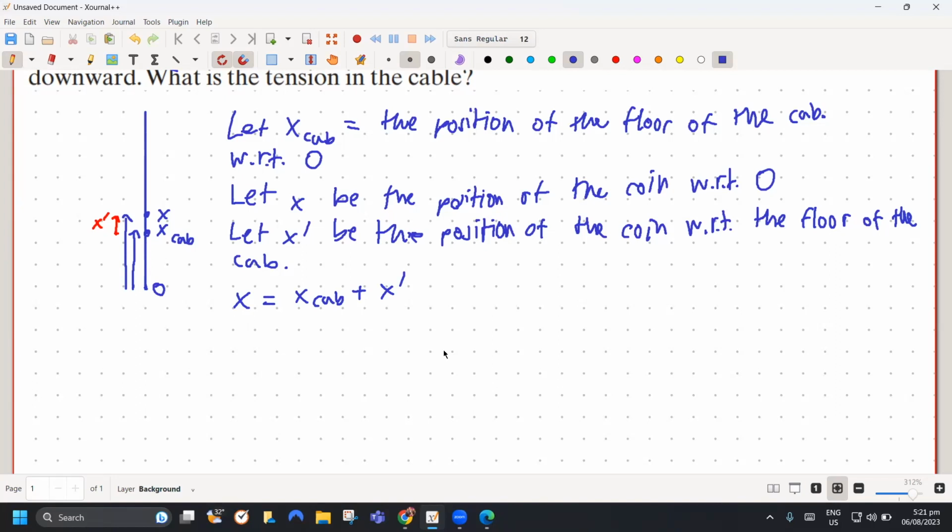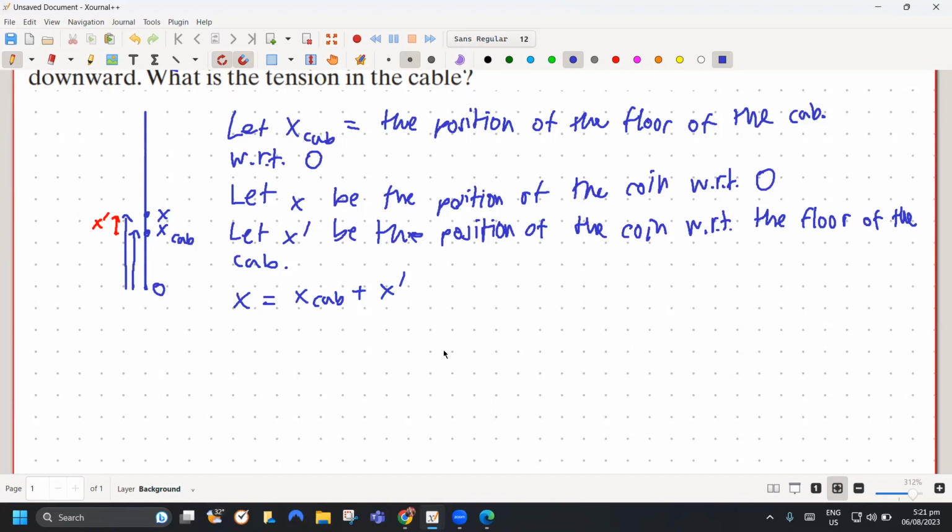Okay, ngayon, kung pwede mo siyang i-treat as a transformation equation, di ba? Na if you know X, you can get X prime. If you know X prime, you can get X as long as alam mo yung position ng cab.